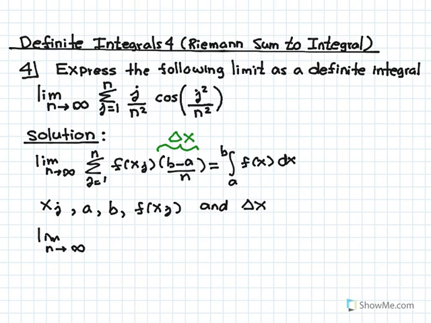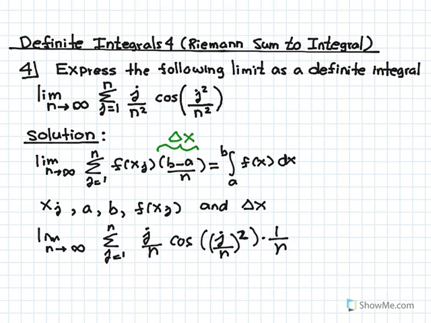Limit n goes to infinity, j goes from 1 to n, j over n, cosine of j over n all squared, times delta x, which is 1 over n. So this is delta x, 1 over n, that's delta x.